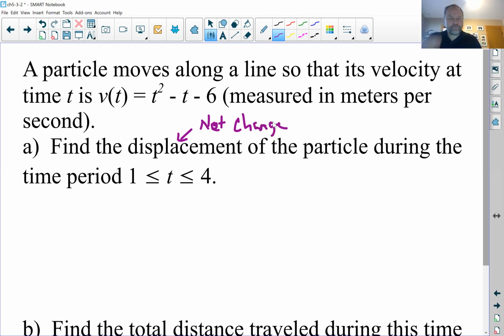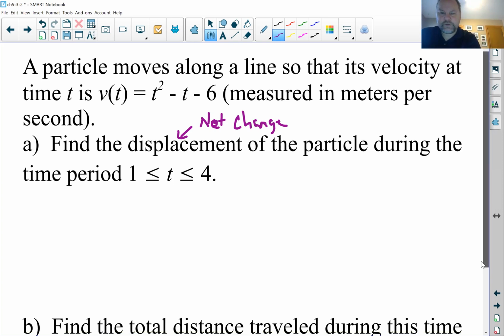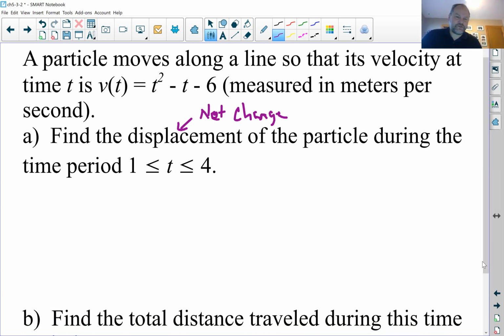Of the particle during the time period from 1 to 4. So velocity is just a rate of change for position. So the net change, the displacement, is the integral from 1 to 4 of the velocity function.